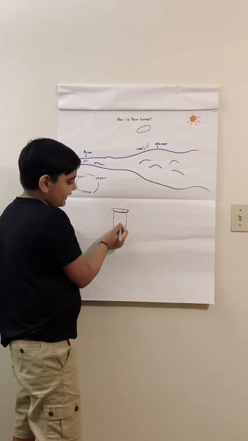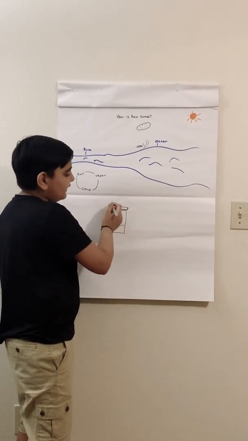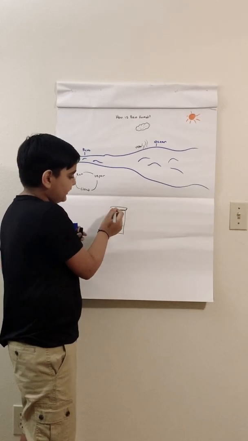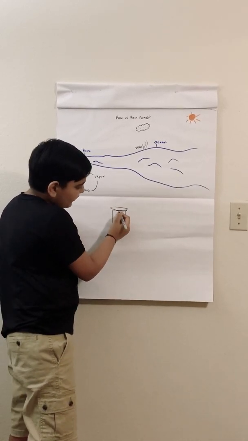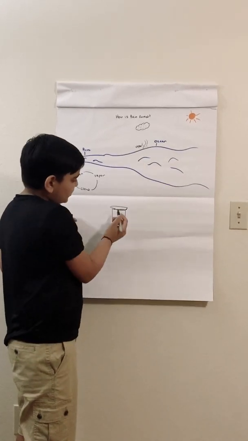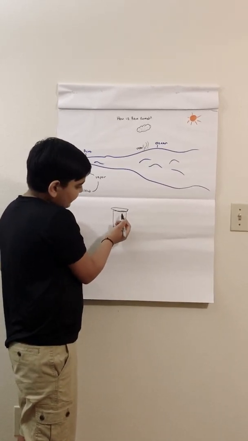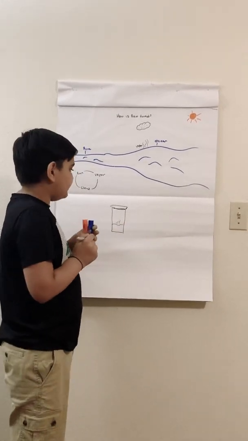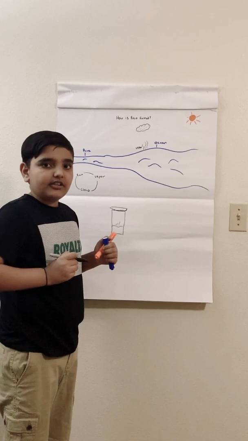What happens to the plate is you can imagine that the plate is a cloud. The vapor goes up onto the cloud plate, and it creates water particles like up here. So when that happens, you can see water particles or raindrops, as you can say, when you pick up the plate.